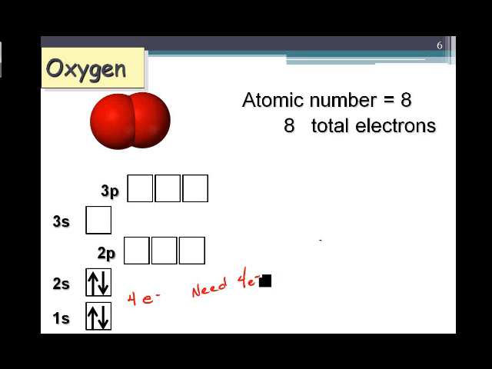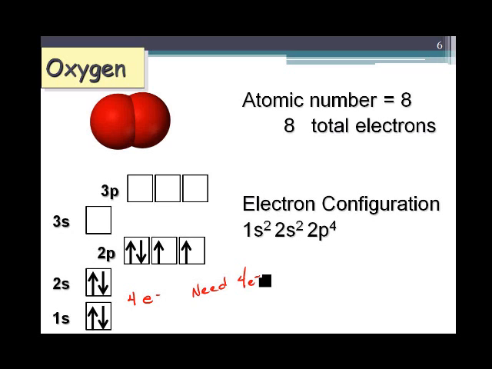So in the 2p, we'll fill 1, 2, 3, 4. Therefore, our electron configuration is 1s2, 2s2, 2p4. 1, 2, 3, 4 electrons in the 2p sublevel.